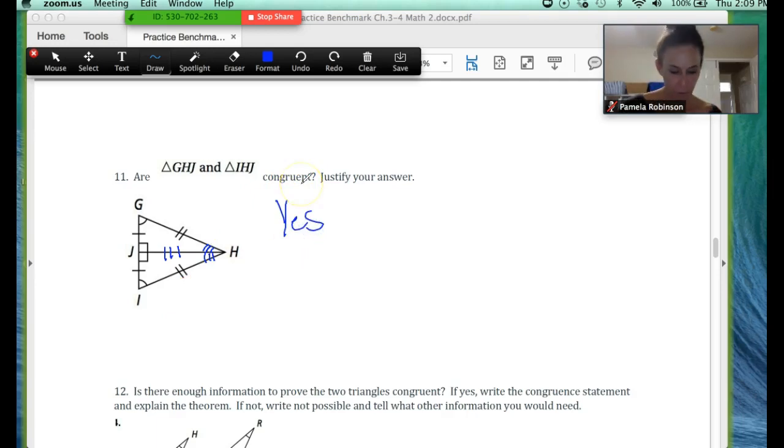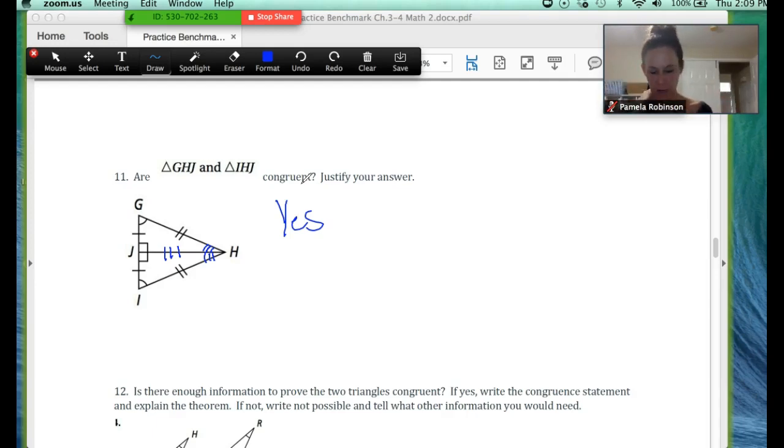Now, what is the reason they're congruent? You could give me a variety of reasons and I'll take any of them. I'll take side, side, side, side, angle, side, angle, hypotenuse leg, third angle theorem, giving me all the parts are congruent.